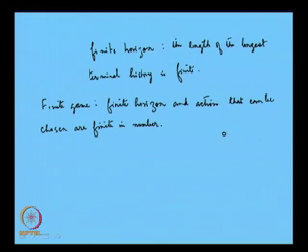We have also seen that a particular extensive game can be represented in terms of what is known as a game tree. Suppose we are talking about this entry game, then this is the challenger.